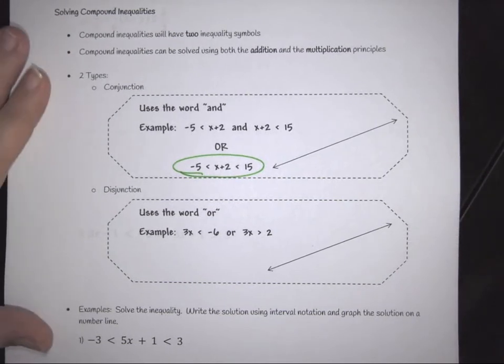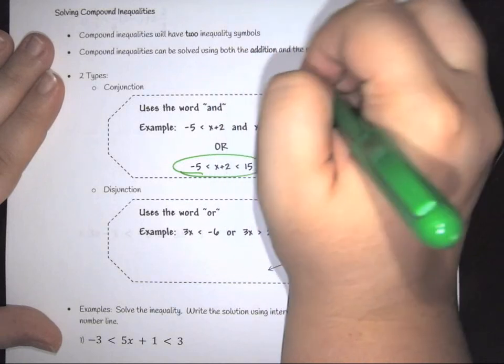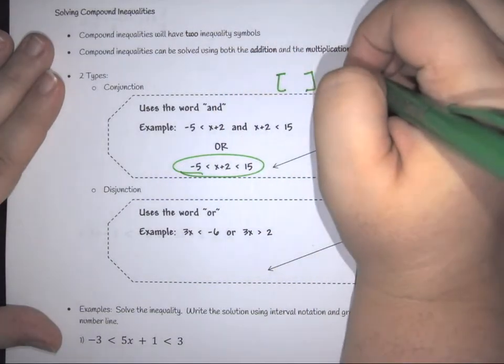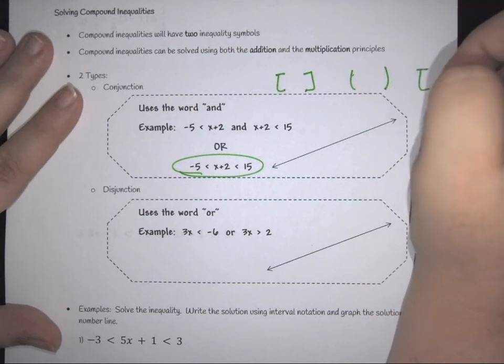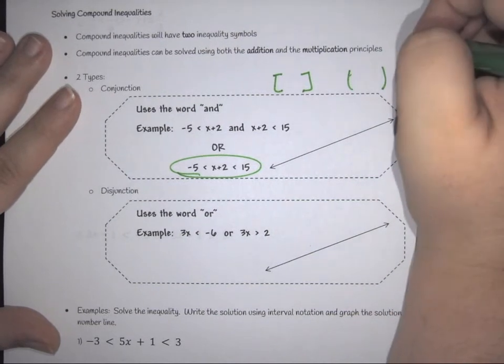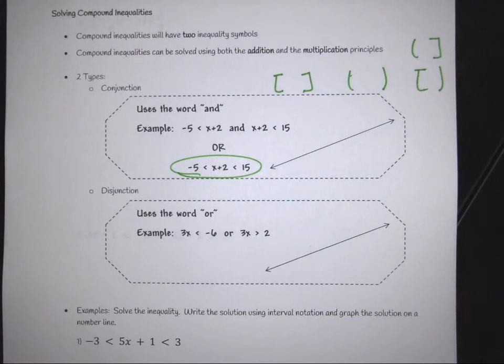Remember, when we're doing it, we can either have bracket, bracket, parenthesis, parenthesis. We can have bracket, parenthesis, or we can have parenthesis, bracket. Those are our 4 different types.